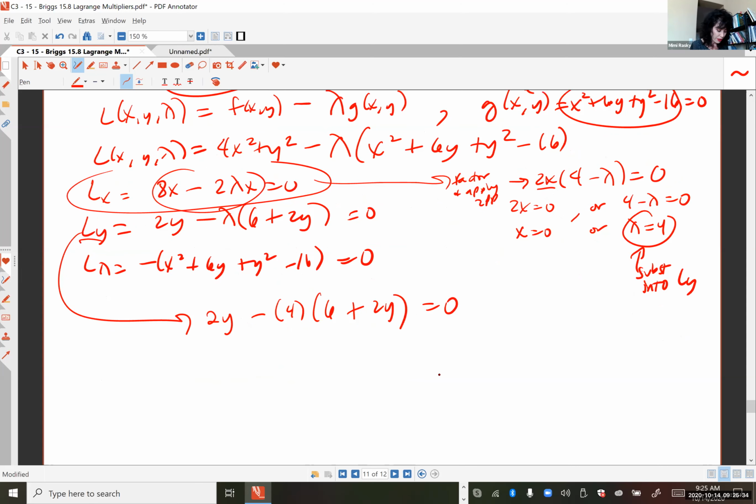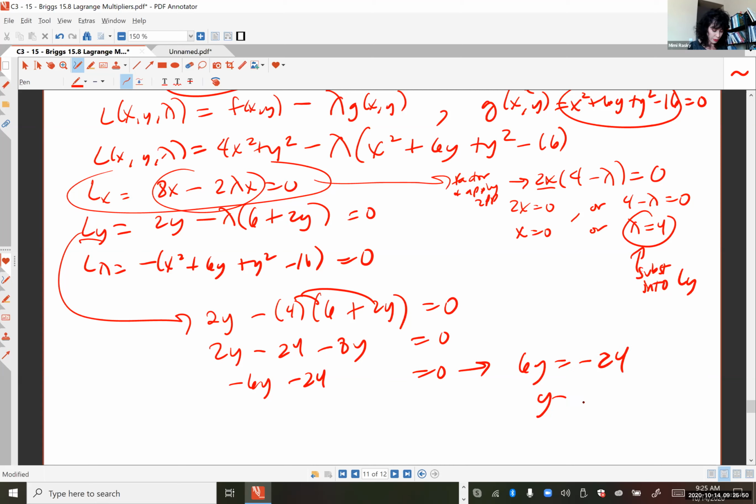If I distribute this -4, it looks like I get minus 6y minus 24 equals 0, which tells me that 6y is equal to -24. And when I reduce after dividing by 6, I get y is -4.